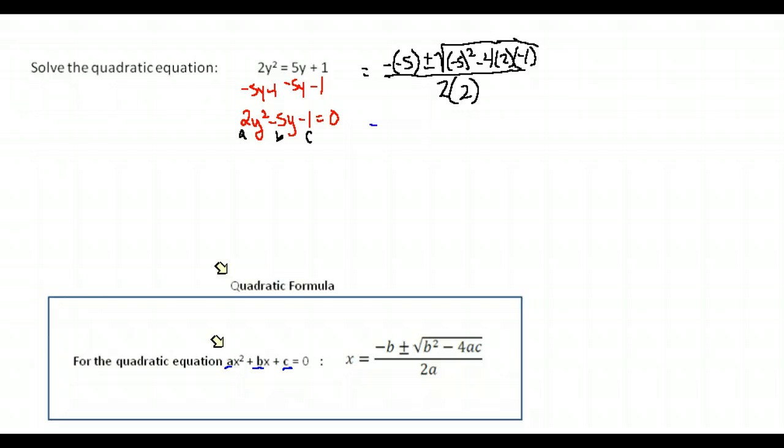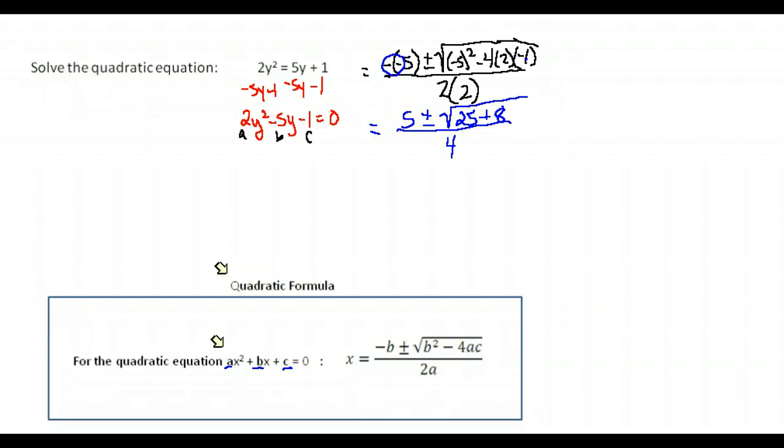And now we simplify. Again, be very careful here. First thing I notice is the minus negative 5 is a positive, because minus a negative makes that positive. Negative 5 squared is a positive 25. That's a common error. If you square a negative, it should always become positive. The next thing I want to do is watch my signs. Negative 4 times 2 is negative 8, times negative 1 is a positive 8.